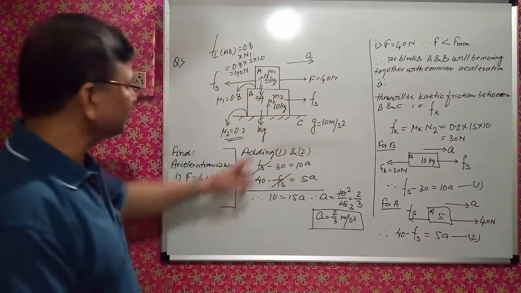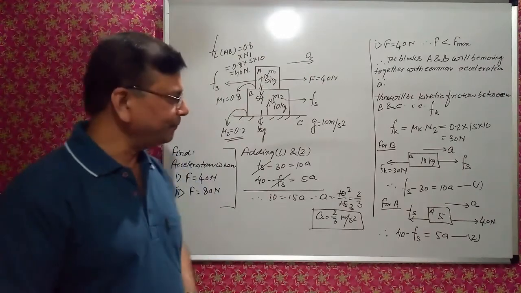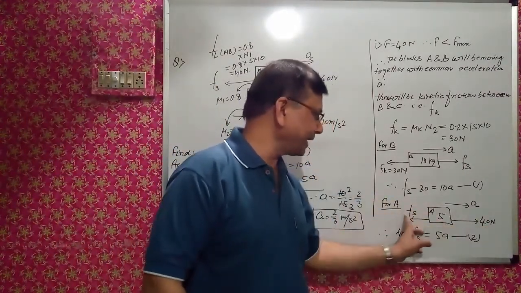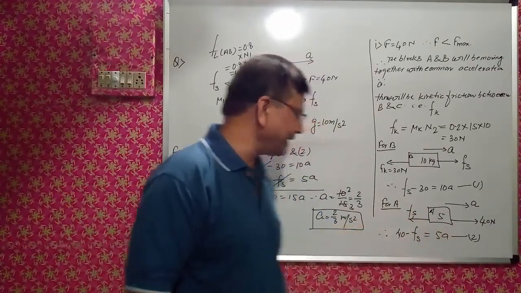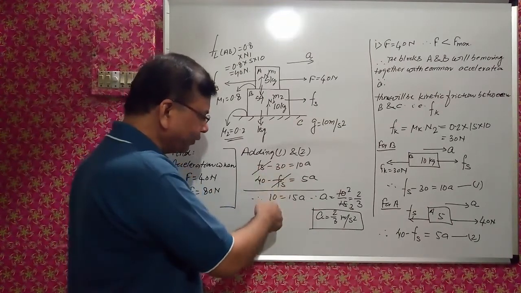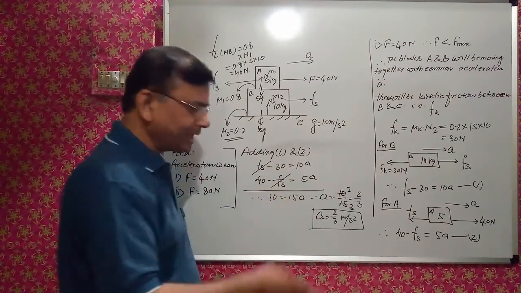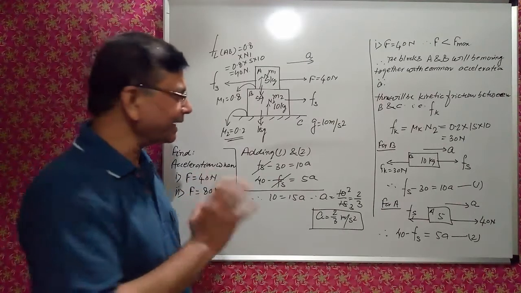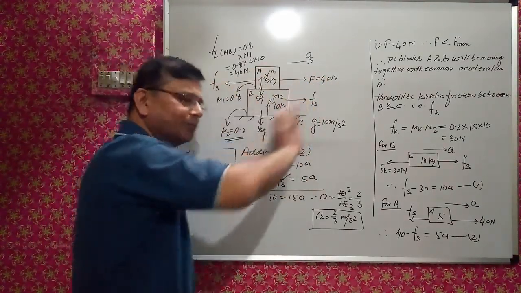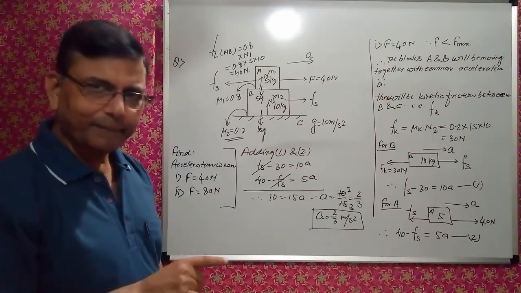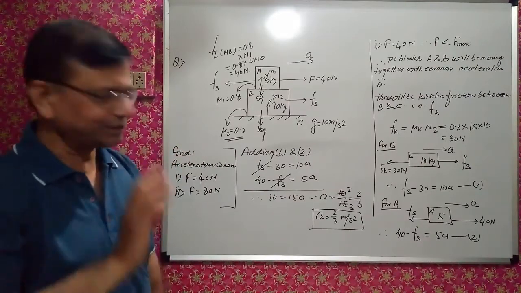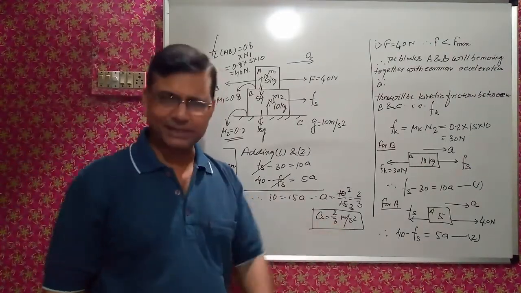I changed. Initially it was 30 Newton. Why did I change? If I write 30 Newton over here, then 30 minus Fs is equal to 5A. So everything will go on the left hand side. 0 is equal to 15A. Acceleration will be 0. At that time, when 30 Newton force is being applied, then bodies will not move. That is why I changed F to 40 Newton to find the value of acceleration, that is 2 by 3 meters per second square.